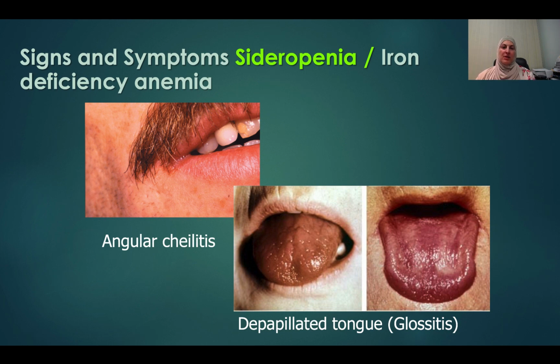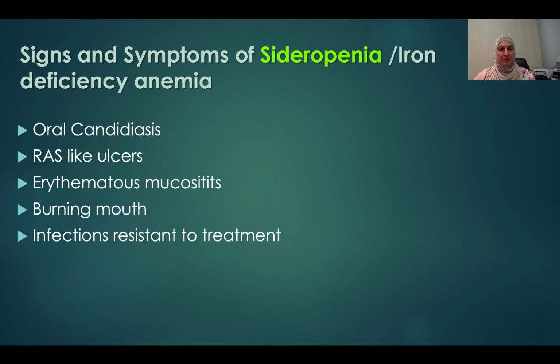The easiest one to be detected or to be seen is the oral mucosa. So this is why many patients can be detected at early stages of iron deficiency based on the oral symptoms.